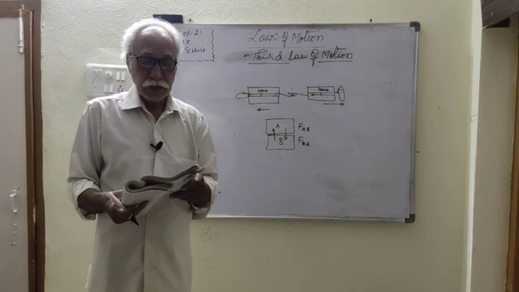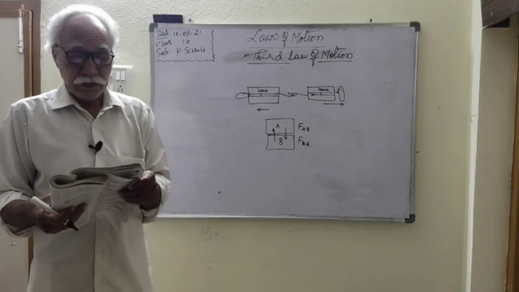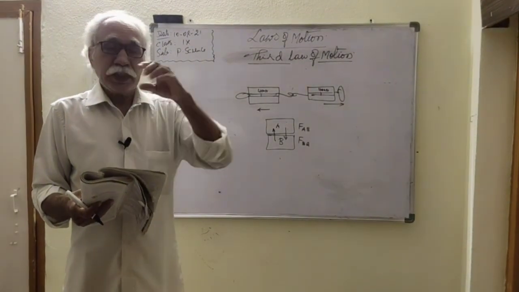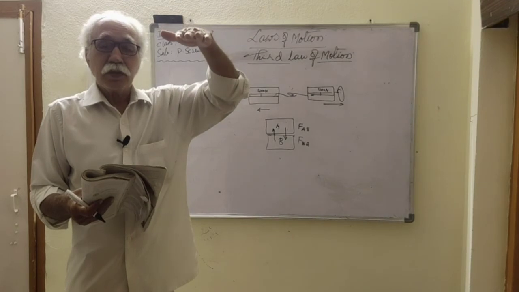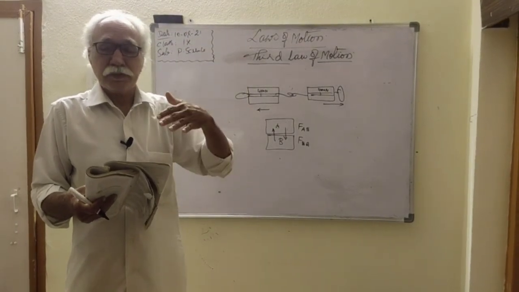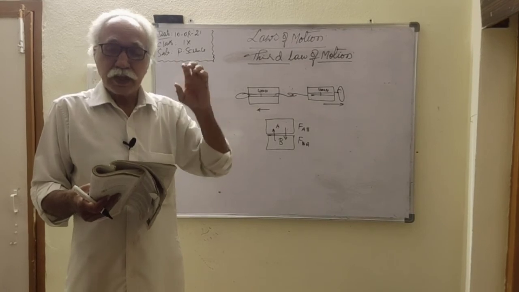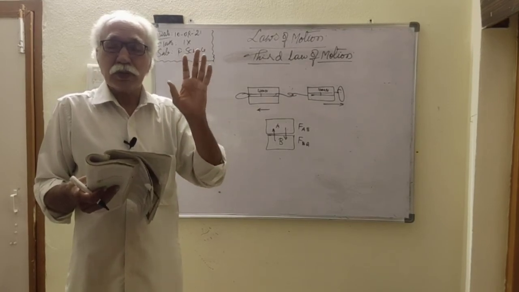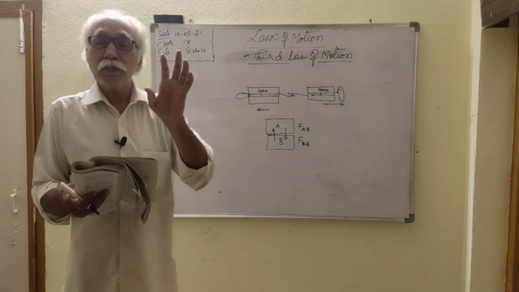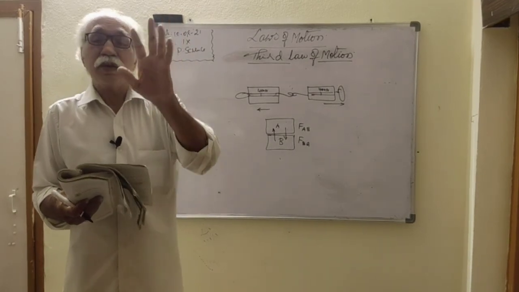Let us see this one. For example, when birds fly, what happens? They push the air with their wings in a backward direction. Then the air applies force on the surface of the wings in the forward direction, so the bird flies forward.